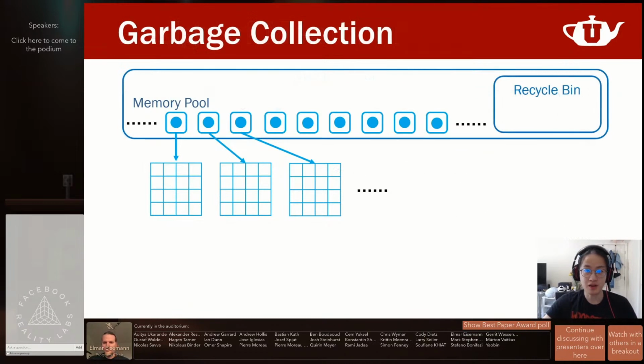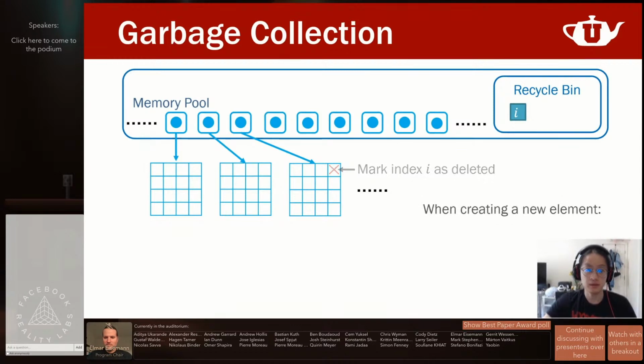The memory pool also offers a built-in garbage collection mechanism. When an element is deleted, it will just be marked deleted and destructed, but we will keep its space and put its index in the recycle bin for future use. When creating new elements, we first look into the recycle bin to see if there is any reusable space.